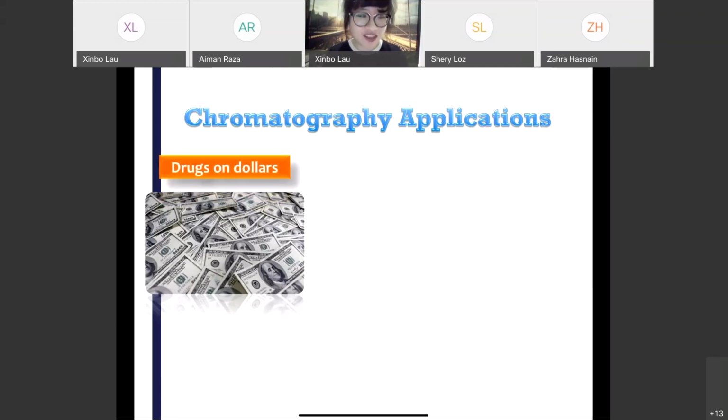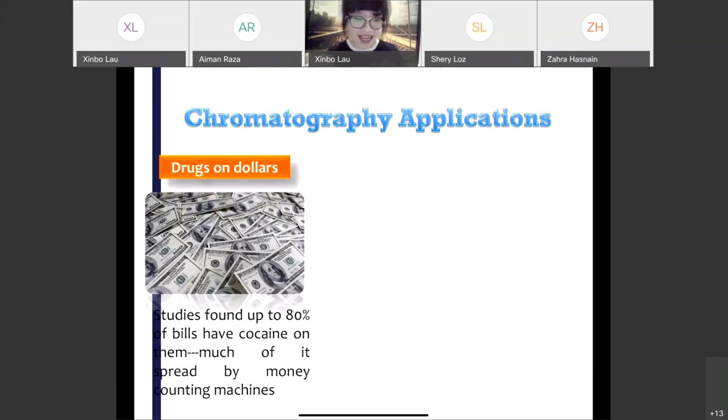Some studies show there are drugs on dollar bills, and more than 80% of bills have cocaine on them. The hint from us is that we always tell you to wash your hands after you touch cash. But we can use chromatography to study that. So that's one interesting application.